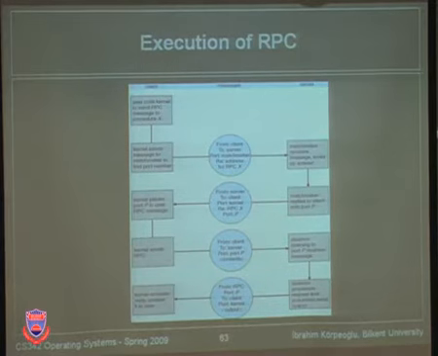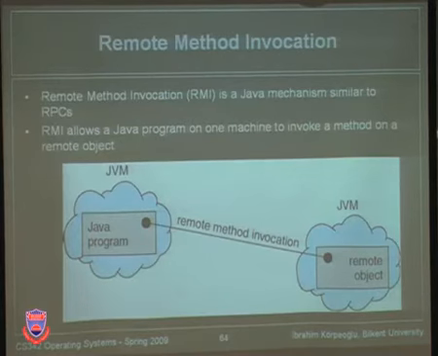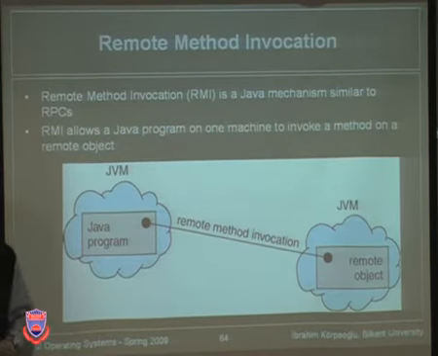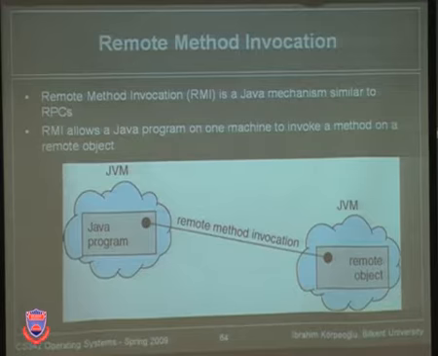So this is the RPC, and let's look at the third method, remote method invocation, that is possible in the Java environment. Okay? So this is very similar to RPC, but it is a Java mechanism. Okay? So similar to the RPC, remote method invocation, RMI. What it allows is this. RMI allows a Java program on one machine to invoke a method on a remote object.